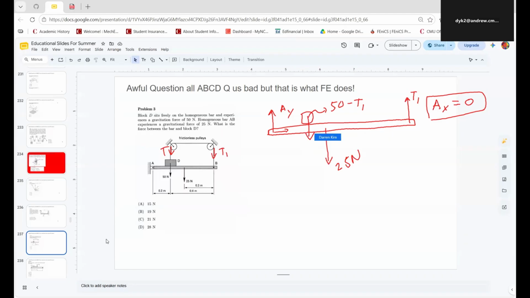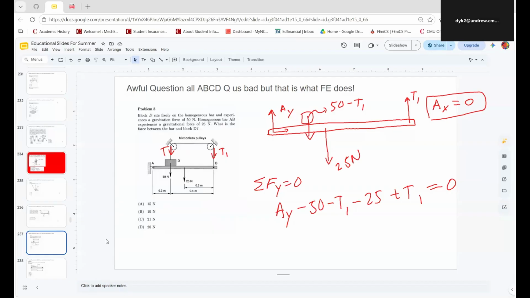Okay. And then it's basically X and Y. So the summation of Fy equals 0 is basically Ay minus 50 minus T1 minus 25 plus T1 equals 0. Okay, so basically that gives me nothing.